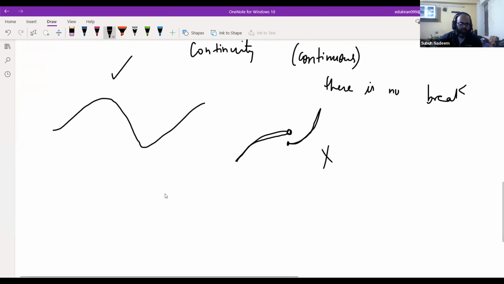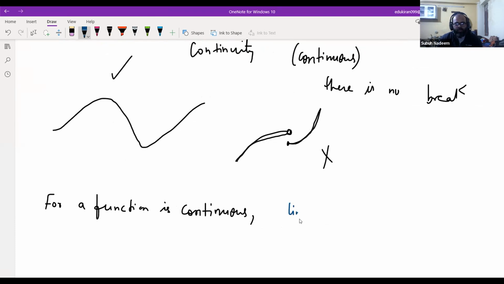So for a function to be continuous, if a function is continuous, limit x tending towards a f(x) is equal to f of a. This is the important thing.